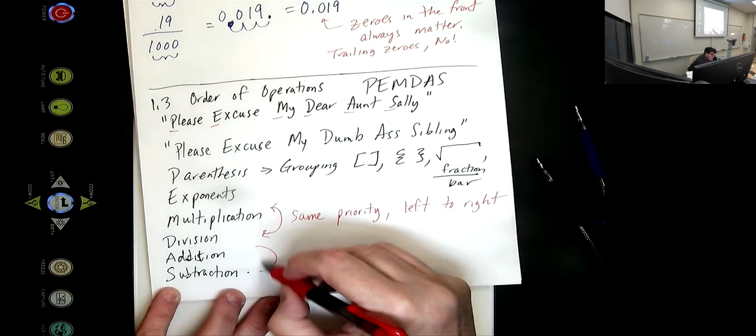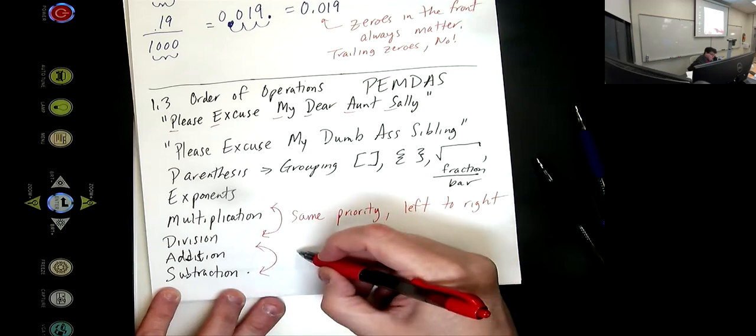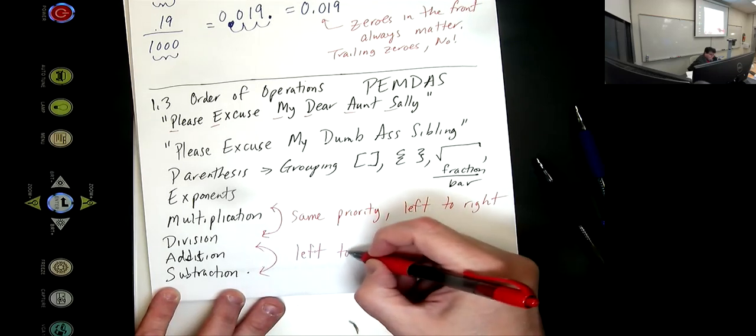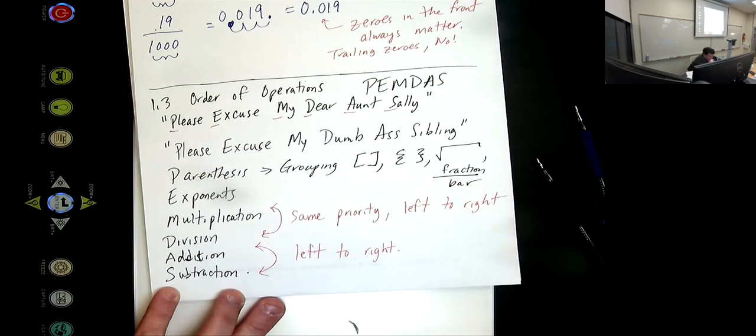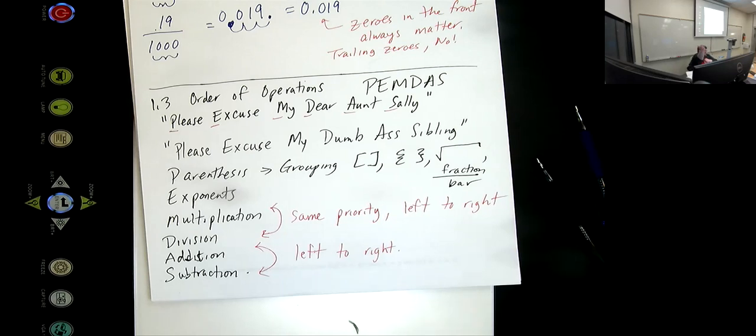The same with addition and subtraction, left to right here. The reason why is division is really just multiplying by a fraction, and subtraction is really just adding the opposite, or the negative number. So they have the same priority because they're technically the same operation. If you go into enough math jargon, it's the same thing.